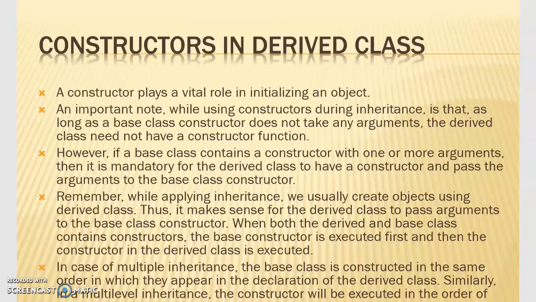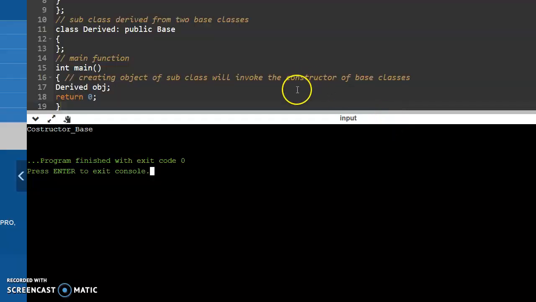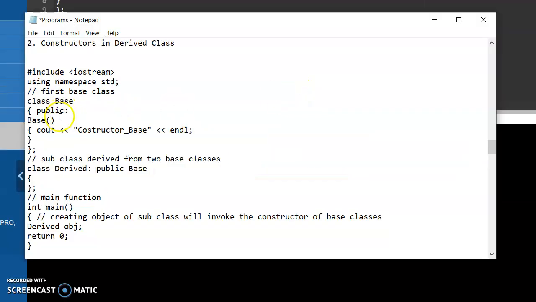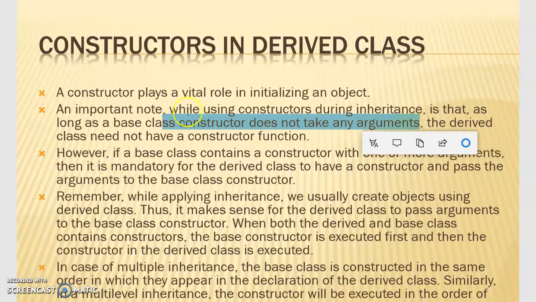It reiterates that as long as a base class constructor does not take any arguments, the derived class will not need a constructor defined within it. That is the point mentioned over here, and we have seen that it runs properly.